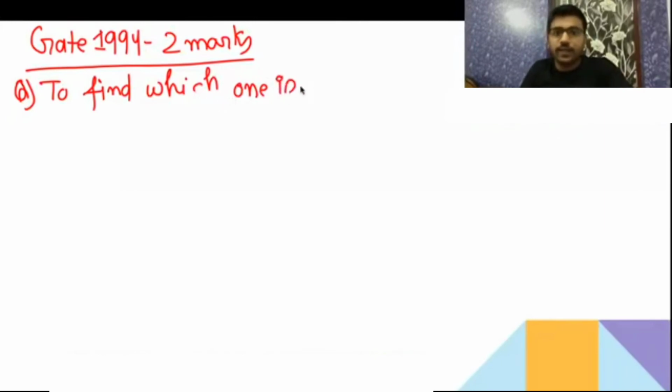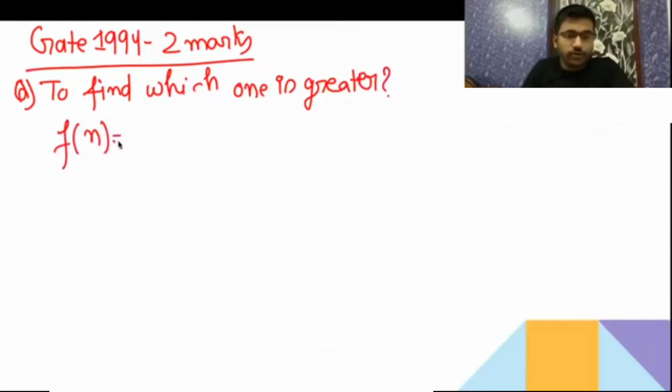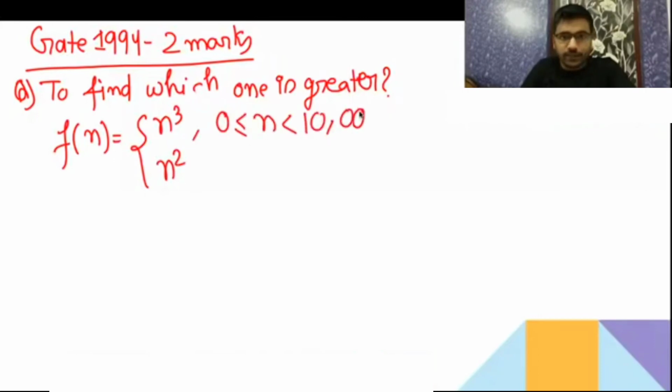Okay, I will give the answer. So Fn is going to be n cube for n from 0 to 10,000, and n square for n greater than or equal to 10,000.